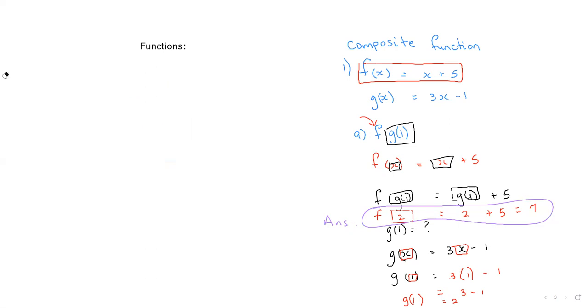So let's say they gave us something like this. They told us that f of x is equal to x plus 5. The first step is they might ask, okay, find f of 4. Simply, if you're given something like this, everywhere I once had x, I'm going to replace it with a box.